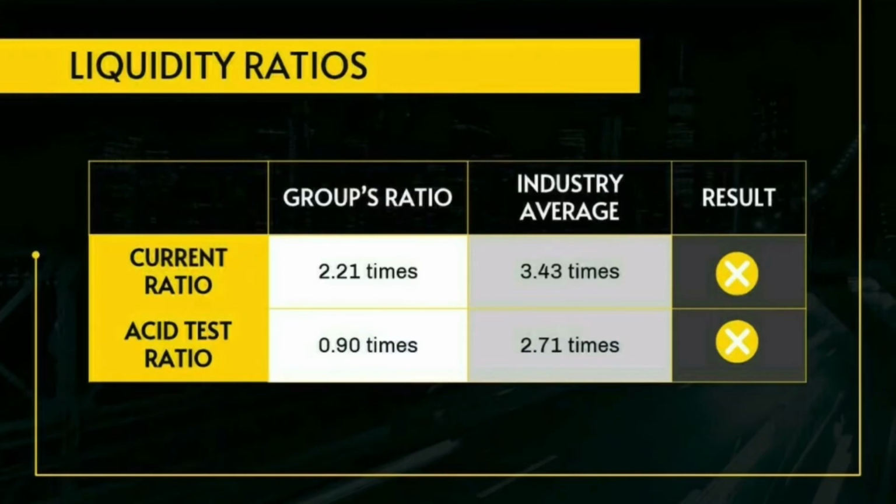Moreover, the acid test ratio of 0.90 times, which is lower than 1, indicates that the company may not be able to fully pay off its current liabilities in the short term without liquidating its inventories, and it has a lower liquidity position than average.